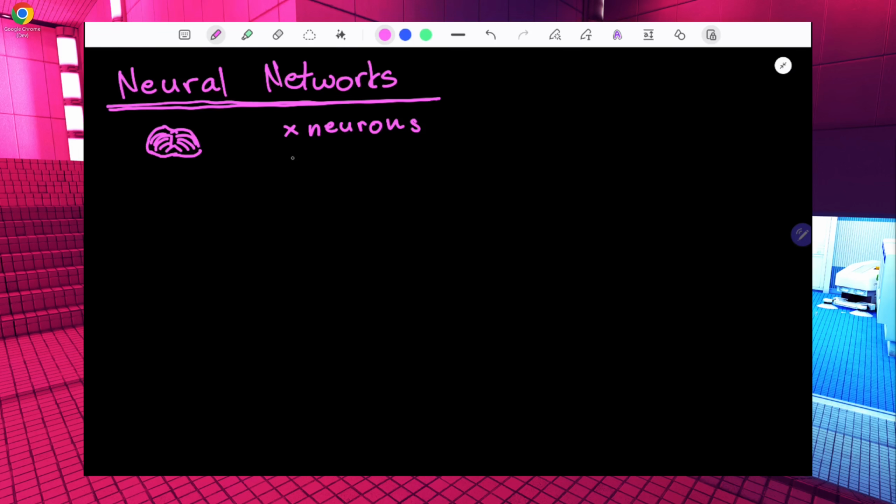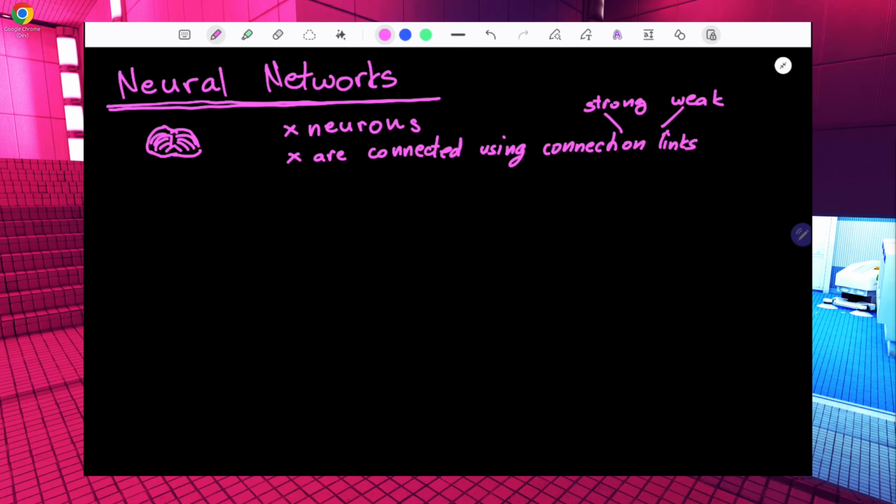And neurons are connected using connection links. Connection links between neurons can either be strong or weak, and based on this we process data differently.